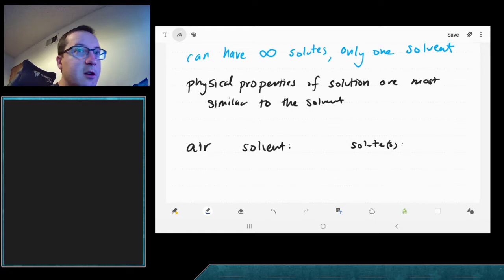So, while you're coming up with that, solutions don't need to be solids dissolved in liquids. You could have any state dissolved in any other state. So air is a solution that is made up entirely of gases. So what do we think the solvent is going to be in air?